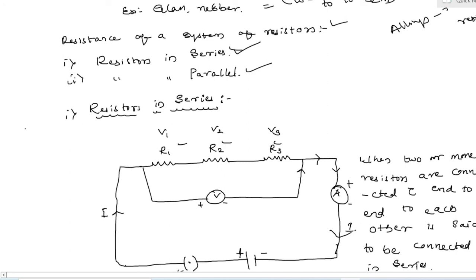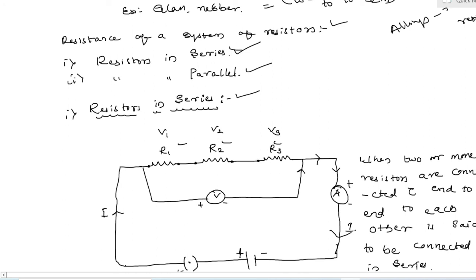Let us see. First one is resistors in series. Here two or more resistors are connected end to end. R1 is connected to R2, R2 is connected to R3.